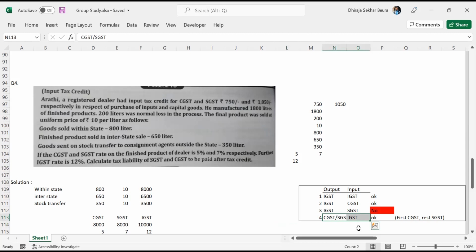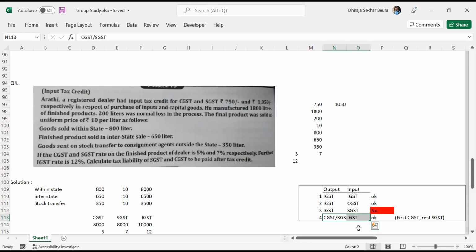Respectively, in respect of purchase of inputs and capital goods, he manufactured 1800 liters of finished products. 200 liters was normal loss in the process. This information of normal loss is irrelevant, not of any use for calculation of anything related to GST. The final product was sold at a uniform price of 10 rupees per liter.